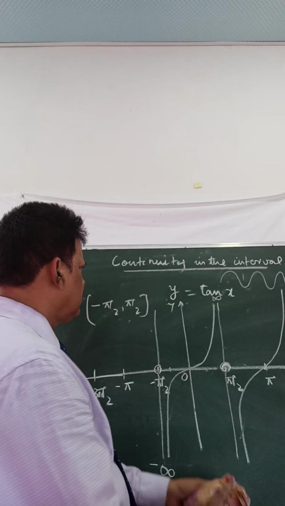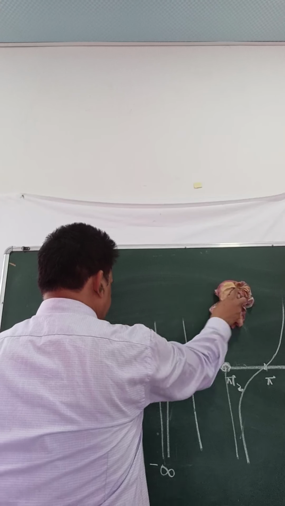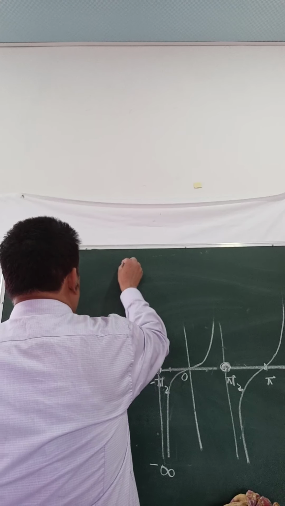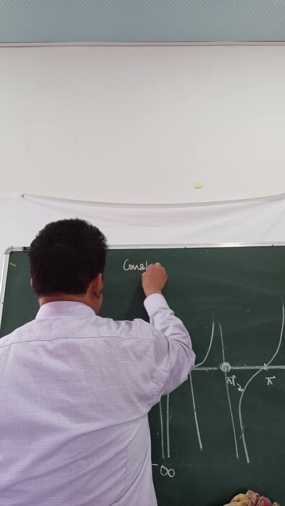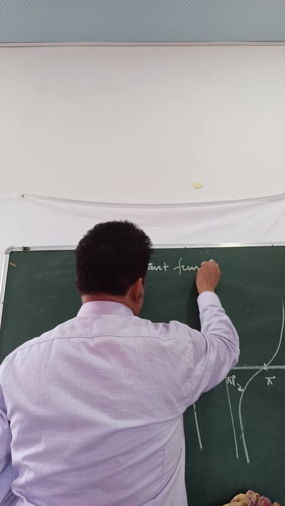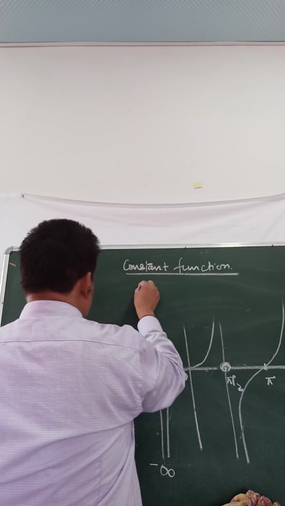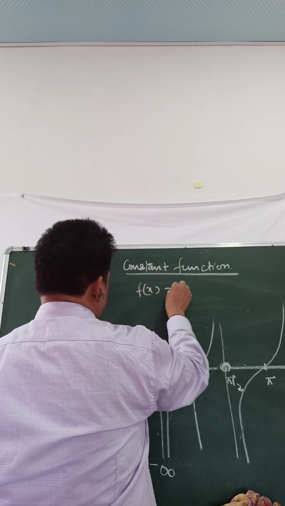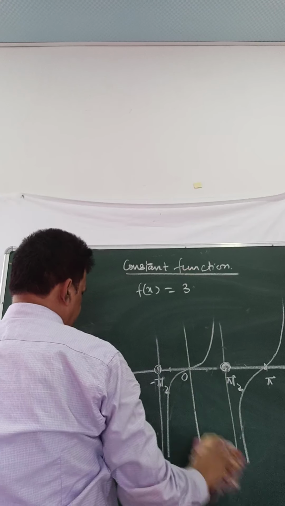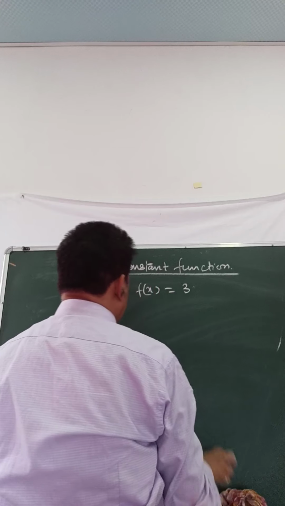Okay, if I take another question, constant function. In the constant function, suppose I write f(x) equals 3. So what do you mean by f(x) equals 3?